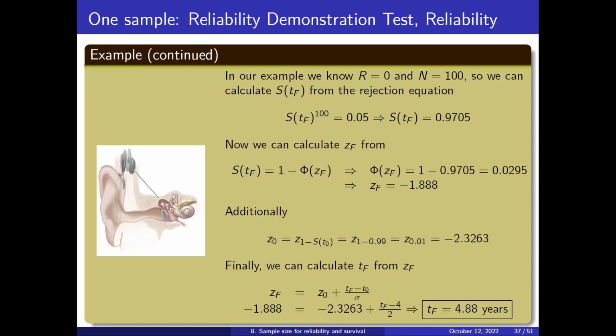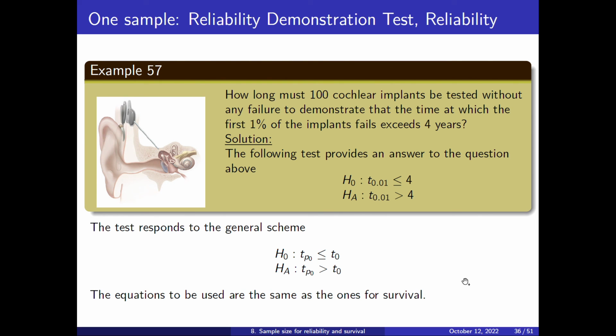And then if we don't see any break, then we would reject the null hypothesis, and we would accept that the time at which 1% of the implants fail is larger than 4.